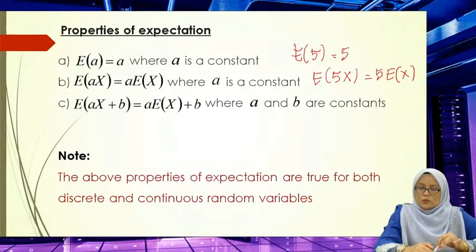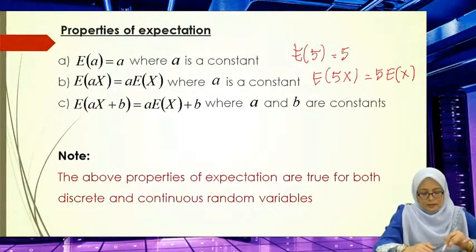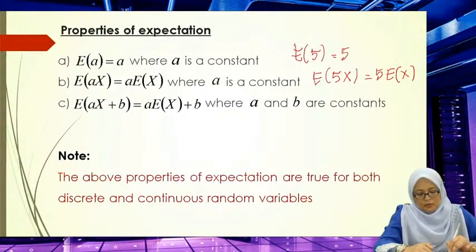Okay, so then last one, kalau you ada expectation AX plus B, so maksudnya dia akan apply properties A dengan B. So keluarkan constant A dia dan darab dengan expectation X tambah dengan constant B. Contoh kalau you ada expectation 5X plus 2.